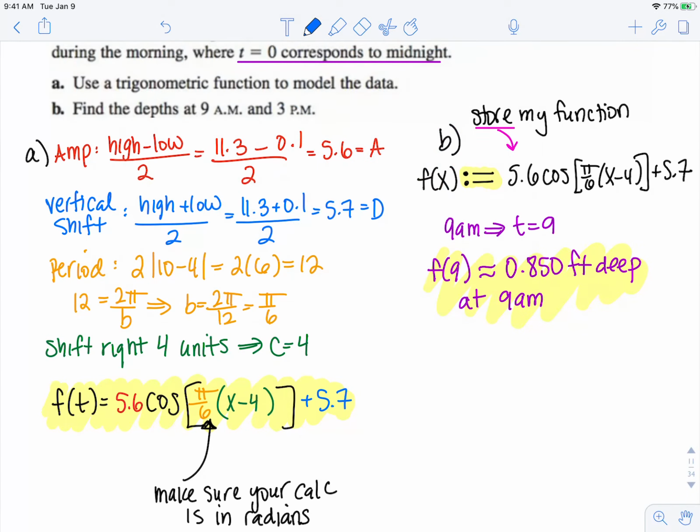So my next time is 3 p.m. That is 15 hours after midnight. So f of 15 is approximately 10.549 feet deep at 3 p.m.